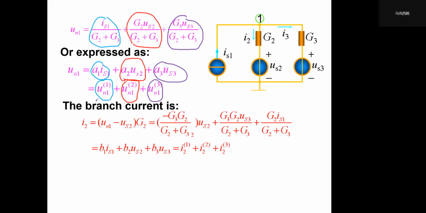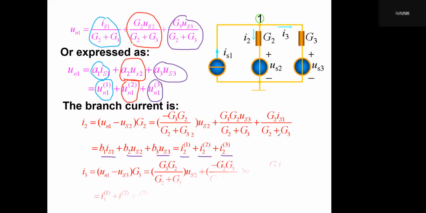And we can see the I2, we could also use this to express it into three categories, I21, I22, I23. And also I3, we can divide it into three parts, I31, I32, I33.